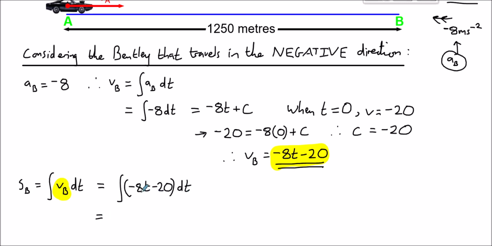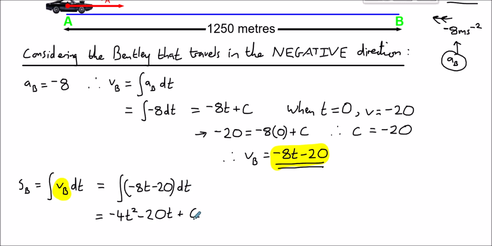Minus 8t, when we integrate this part, gives us minus 4t squared. Minus 20, when we integrate this piece, becomes minus 20t. Then, of course, we need to consider the constant of integration.